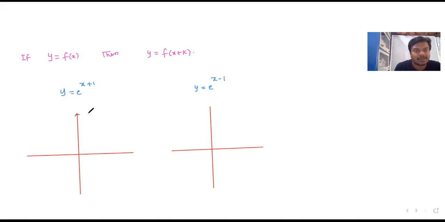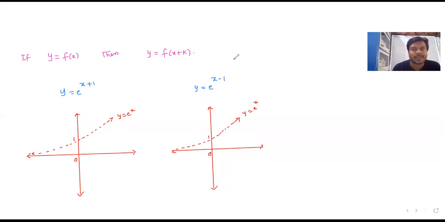And then we have to go for e power x plus 1 and e power x minus 1. Yes, we know the graph of e power x, right? This dotted graph indicates the e power x graph, strictly increasing graph, right? And this is entirely above the x-axis. This is y equal to e power x. And at x equal to 0, it is 1.